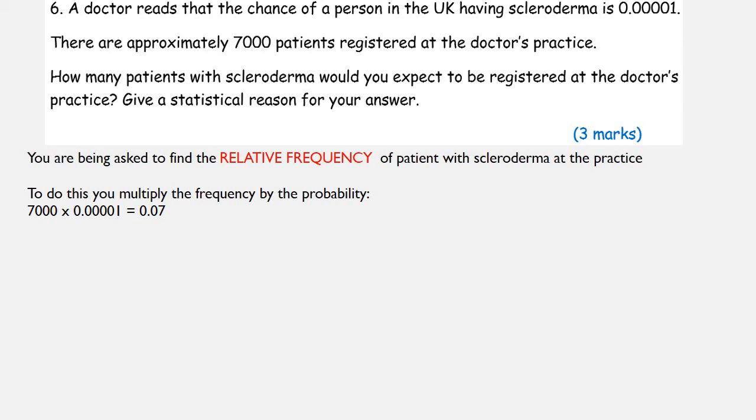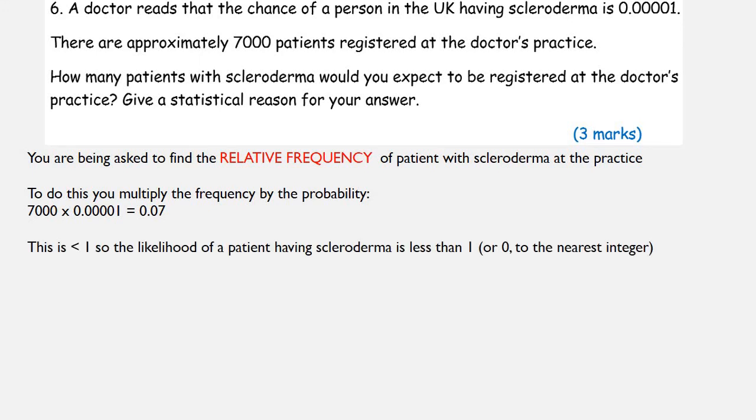So the frequency is the 7,000 patients, probability is 0.00001, which gives you 0.07. And that suggests that significantly less than 1 person is likely to have scleroderma in a population of 7,000 patients. So to the nearest integer, that is 0.